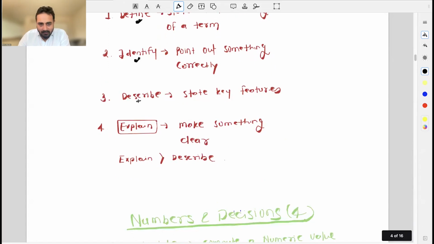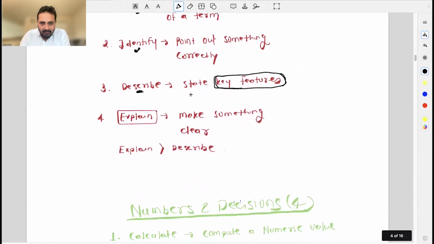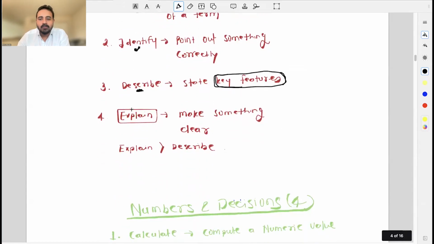Third one is describe. When they use the command word describe, they're expecting you to state the key features of that particular concept. If the command word says describe qualities of a good benchmark, then you need to state the key features. Now, in the basic command word list, the most comprehensive command word actually happens to be explain. So I want you to look out for this command word on the exam.